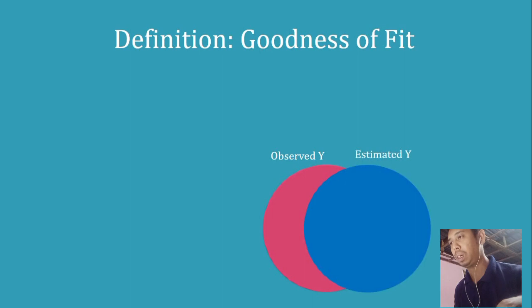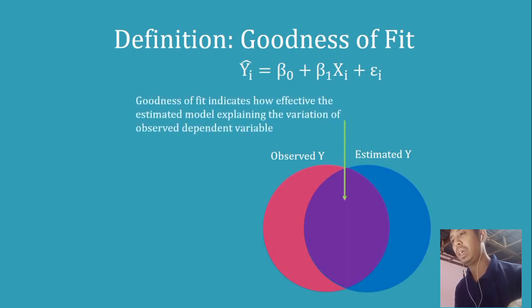The variation of the estimated data is inside the blue circle. You can see the blue circle and the red circle overlap each other, and the overlapped area represents how well the estimated y explains the actual data of y.